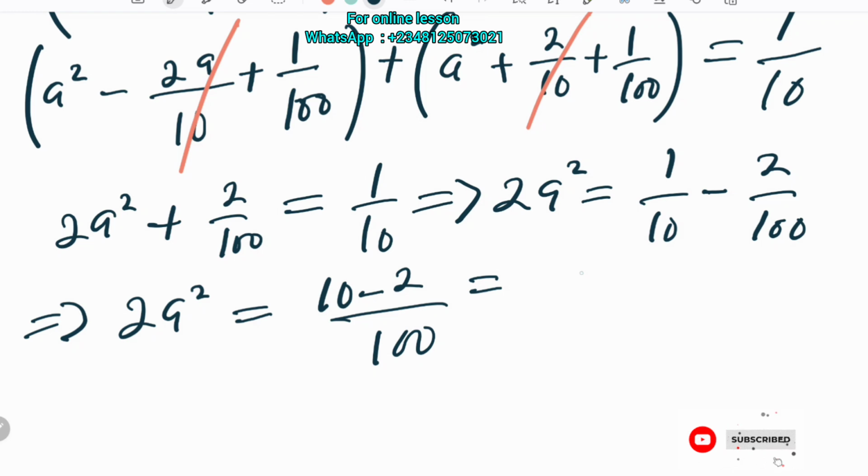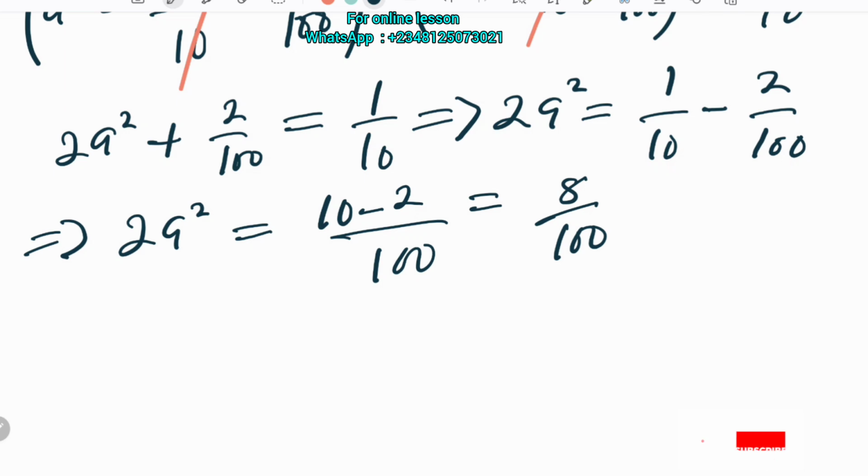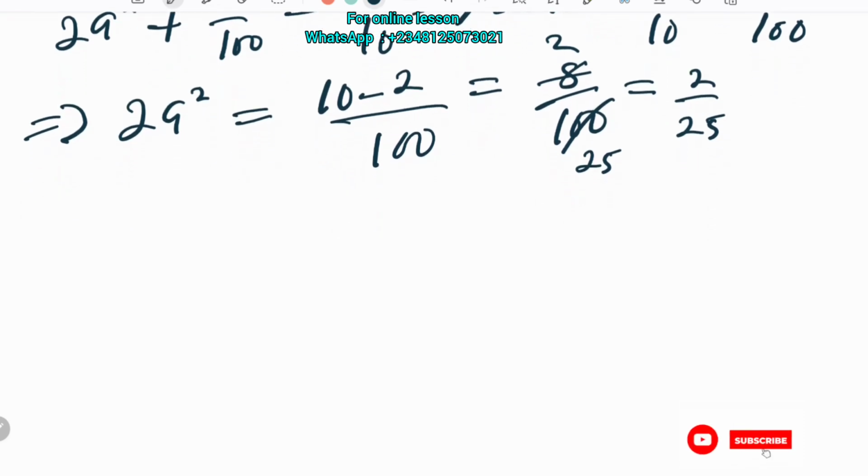That will now give us equal to 8 over 100. We can reduce this one by 4 to become 2 over 25. So we can have 2a squared equal to 2 over 25.